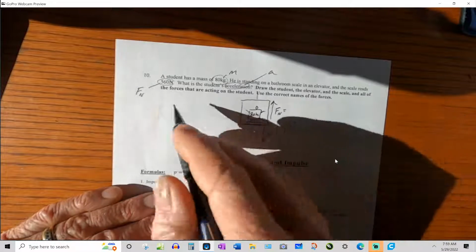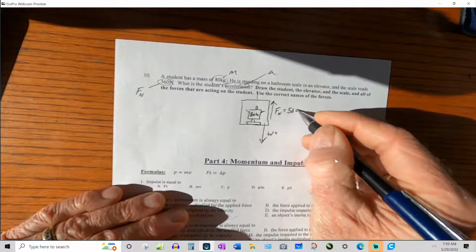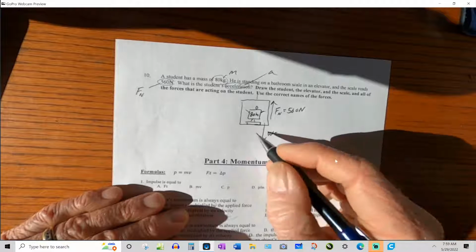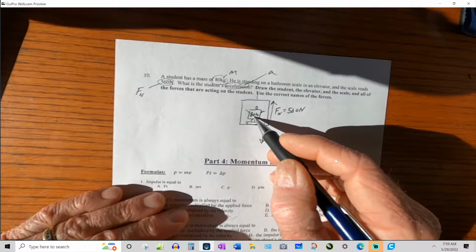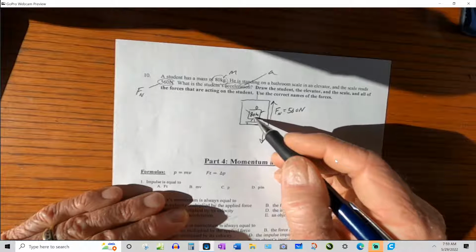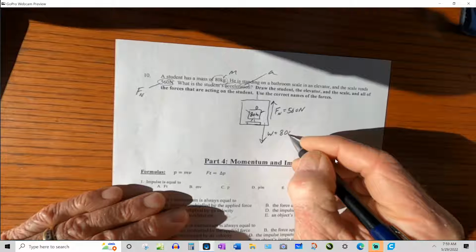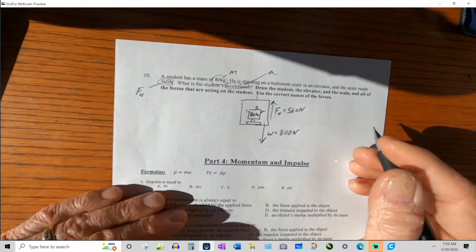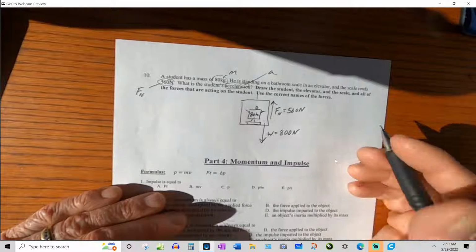So the normal force is just the scale reading, 560 newtons. The weight is mg, mass times g, which is 10. So 80 times 10 is 800. And that's all I can do at this point.